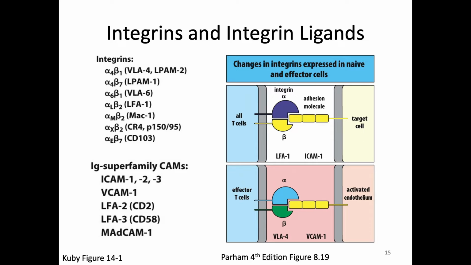They're on the surface of the cell, but they can exist in two different forms on the cell. They have an active form and an inactive form. So the integrins are on the surface of the cell in their inactive form. And when the cell gets a signal through a chemokine receptor, that makes the integrin switch. It makes it make a conformational change to go into the active form compared to the non-active form.